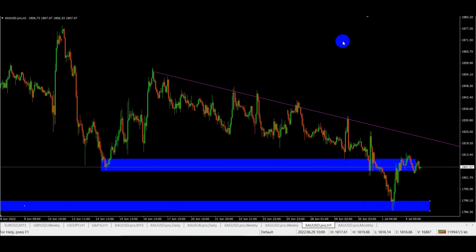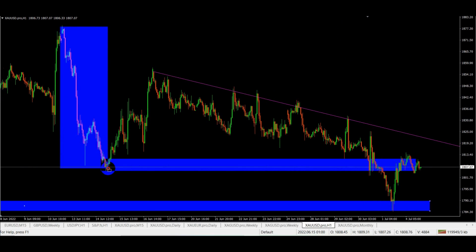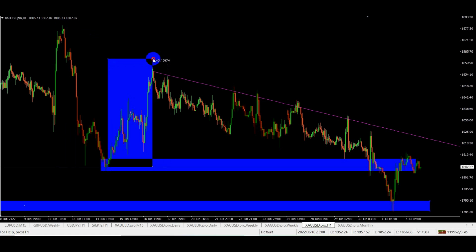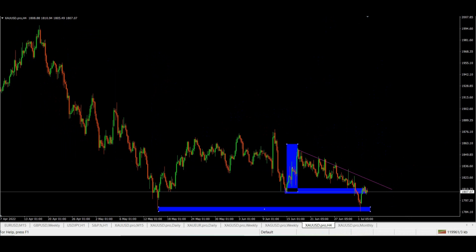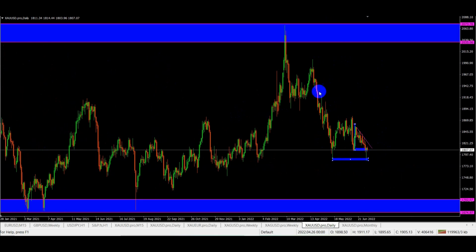Because these are patterns inside patterns, this is a bigger one. It's been ranging, and it has taken this, and from there it should have gone up, but it didn't. Again, it's breaking because a bigger time frame is in play.